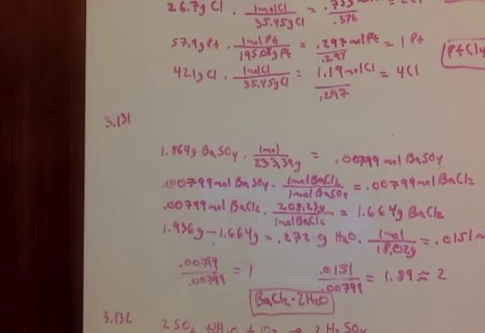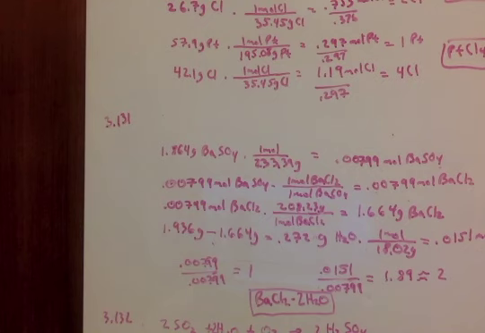So if the barium chloride without water in its formula has a mass of 1.664, that means that we have 0.272 grams of water. Changing that to moles, I get 0.0151 moles of water. So now I have the moles of barium chloride, 0.00799, and the moles of water, 0.0151.